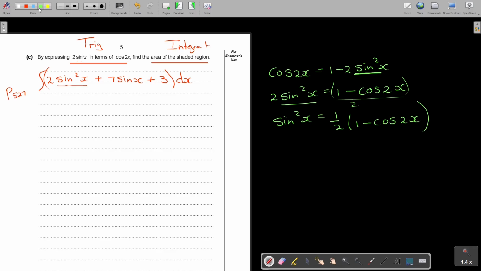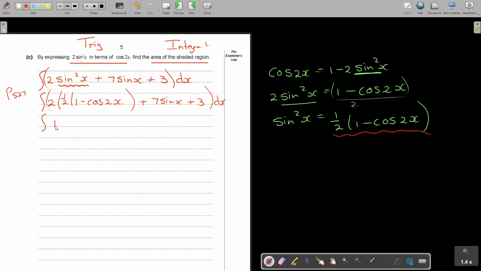So I'm going to now use the trigonometry, and in the place of this, I'm going to put this. Now, don't forget the 2 was separate. So it's going to be a half, and then 1 minus cos 2x, plus 7 sin x plus 3, and dx. I can actually multiply it in, but it's all right. And then 2 times a half is just going to be 1.